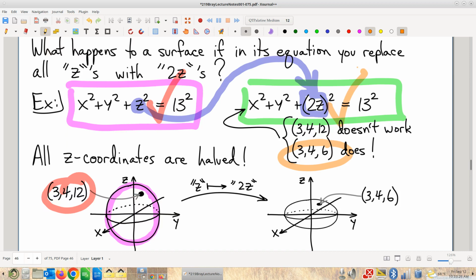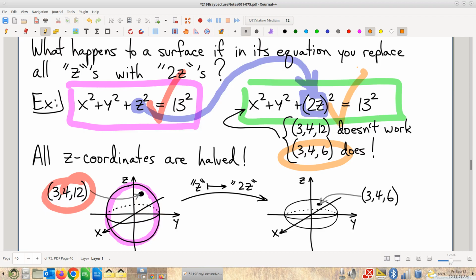I had a z, that 12 was plugging in for where the z is. If I plug in 12 for where this z is, then it crashes and burns. Obviously not going to work. But if I put a 6, then the 6 times the 2 is the 12 that made it work before, and then everything follows. It's a smart alecky sort of snap back to the change that we made algebraically.